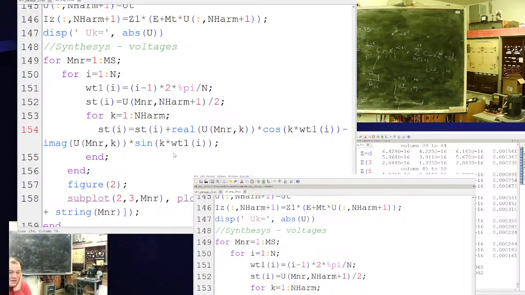Why am I not getting voltages? Because currents. Mistake. No mistakes. 1, 2, 3 should be free voltage.